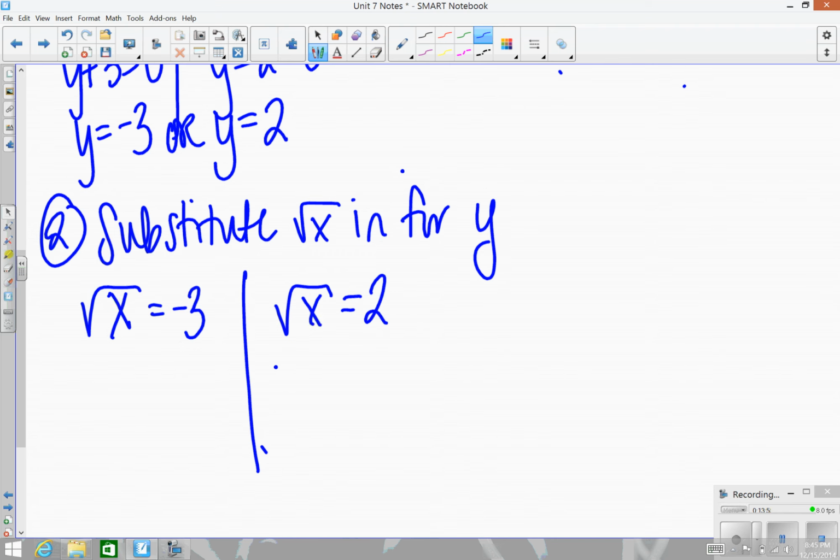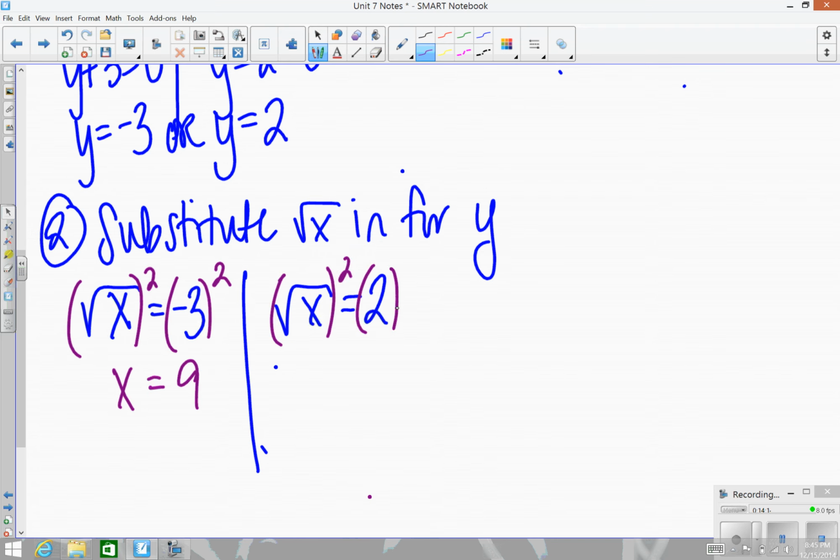And now we're going back to those radical equations. Whenever you have a square root of a variable and you want to solve it for that, you need to undo it. So it means you need to square both sides. So we get x equals 9. And then we square both sides over here. We get x equals 4.